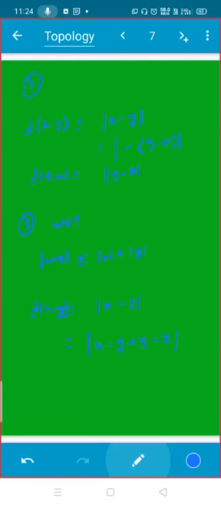Triangle inequality, exactly. So this is going to be less than or equal to mod of x minus y plus mod of y minus z. But what is this thing? This is the distance between x and y, and this is the distance between y and z. So you have proved d of xz is less than or equal to d of xy plus d of yz. Good. So what can you conclude?